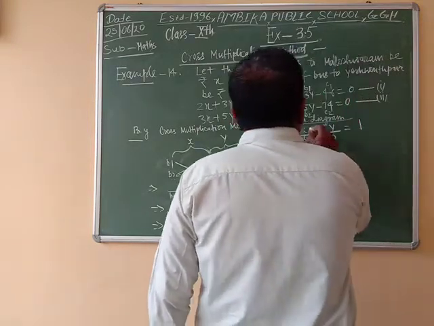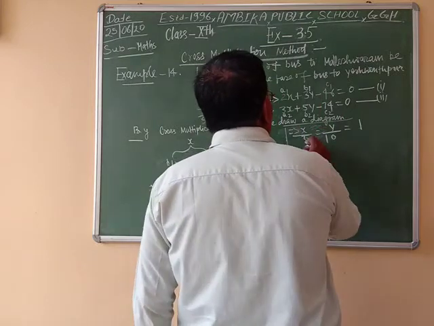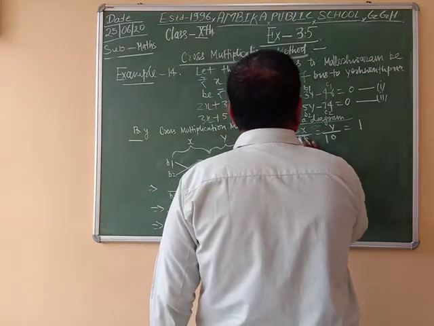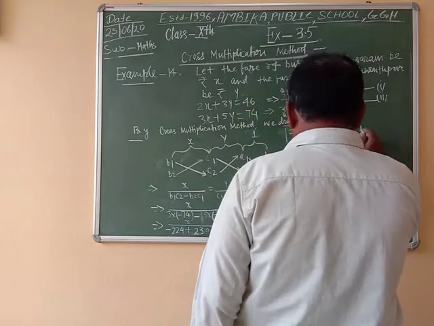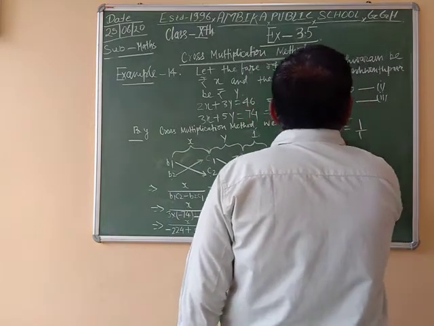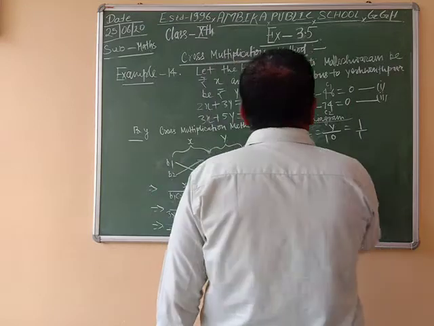Here x by 6 is equal to y by 10 is equal to 1 by 1. Here both are equal to 1.